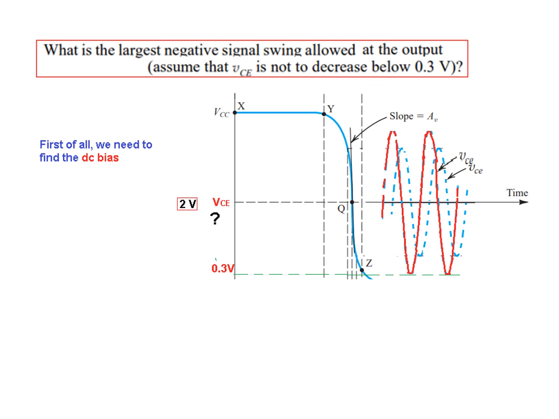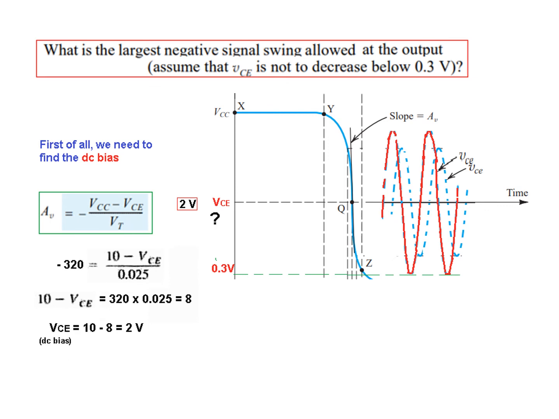And the DC bias will come to be 2 volt, and let's see how it comes to 2 volt. We use this relation. Gain is given, VCC is given, VT is given, so VCE can be found. Minus 320, all given. So VCE is 2 volt.